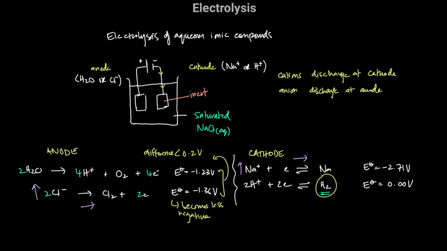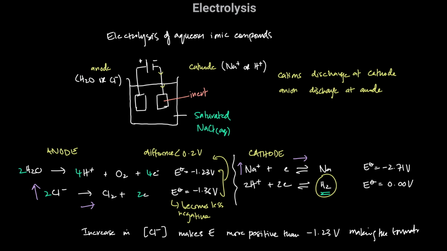So what we can say here is that the increase in the concentration of chloride ions makes the E naught, or the electrode potential for this cell, more positive, or less negative than negative 1.23 volts, making the formation of chlorine gas more favorable.